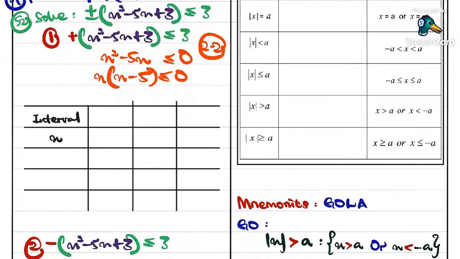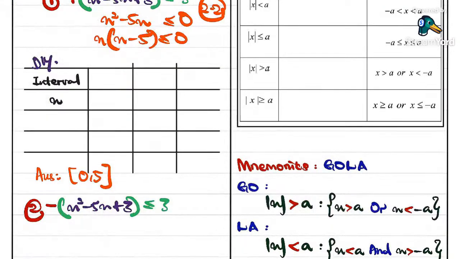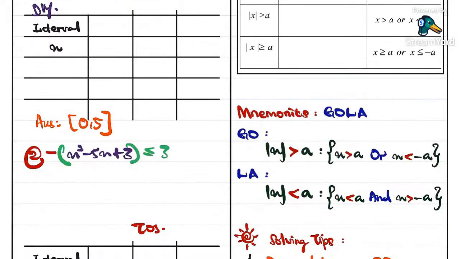By yourself. And you will get an answer. You DIY, buat sendiri. You akan dapat the answer is 0. Ni bukan jawapan akhir lah. The temporary answer is 0, 5. Both close bracket.